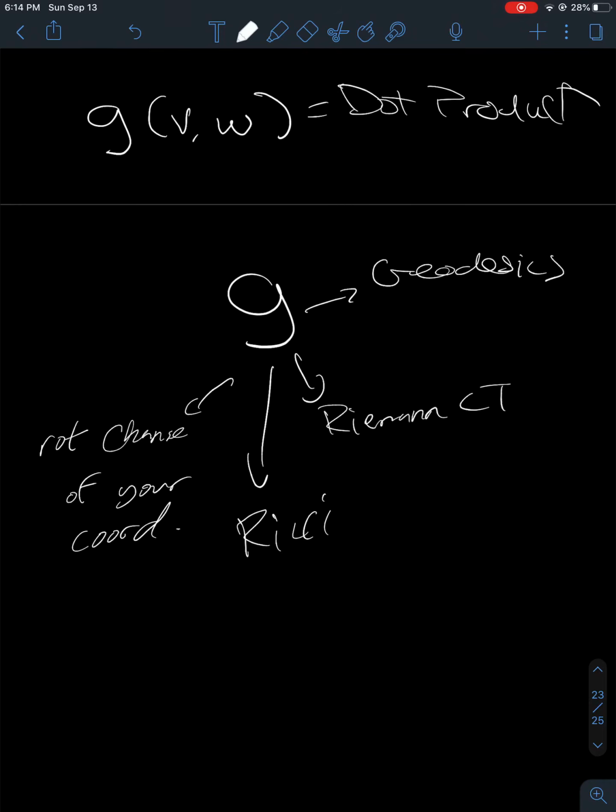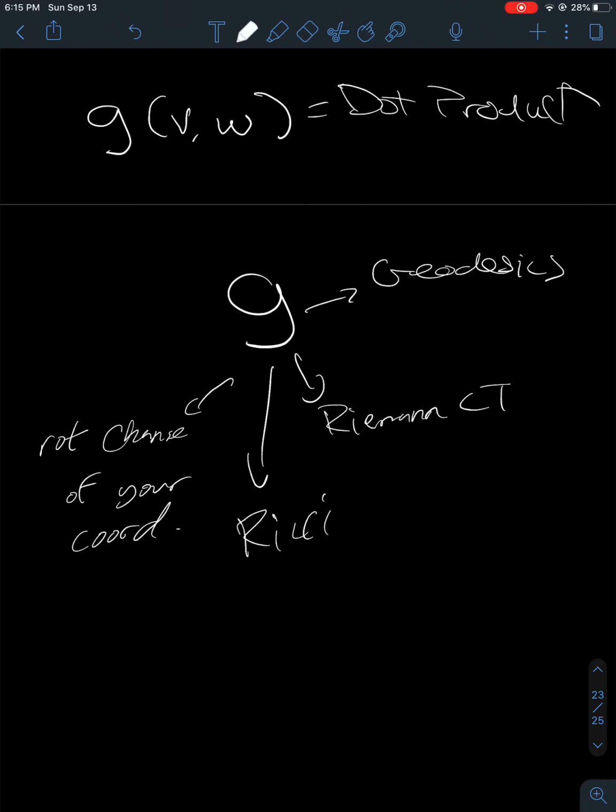With this tensor, we can find the paths that objects will travel, like when they're orbiting black holes or falling into black holes. It has been calculated, and we will actually calculate what that would be in a future video. But the metric tensor is really important.